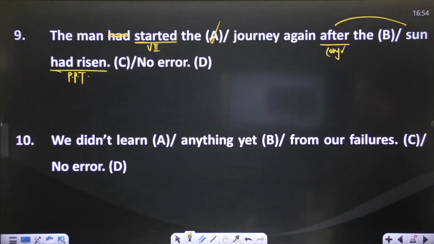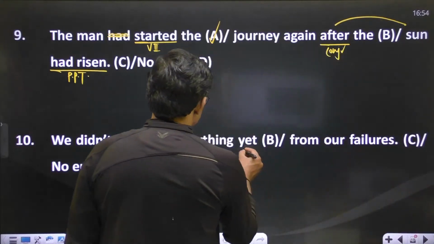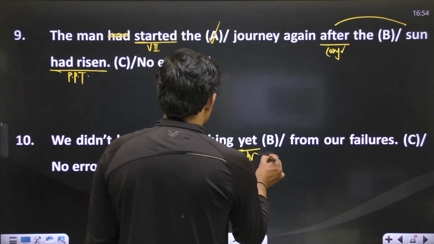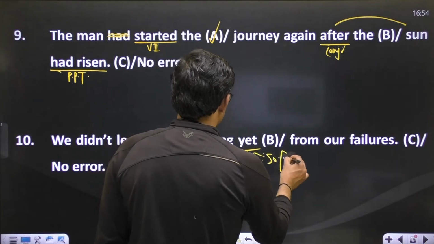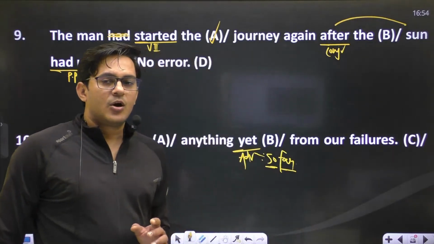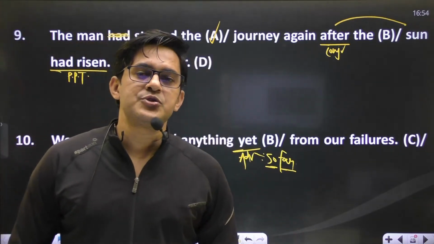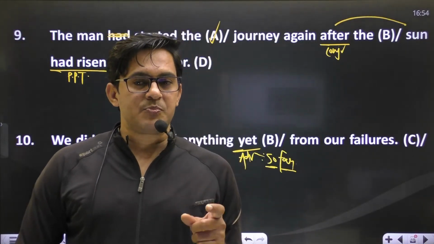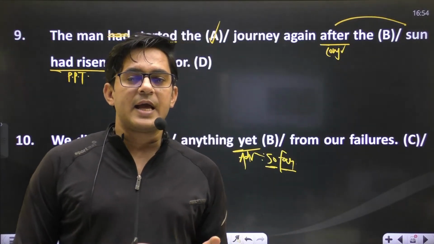We did not learn anything yet. This word yet is an adverb. It shows the sense of so far, right? And this word yet always demands completion, and it demands present perfect tense, and this present perfect must be in negative sense, right?